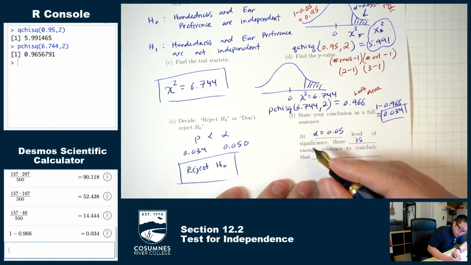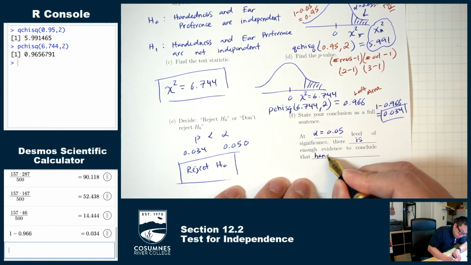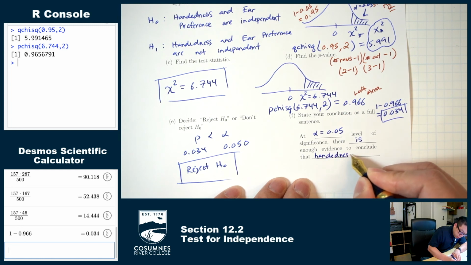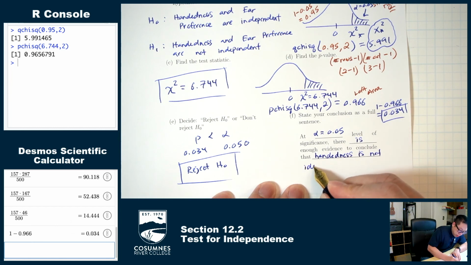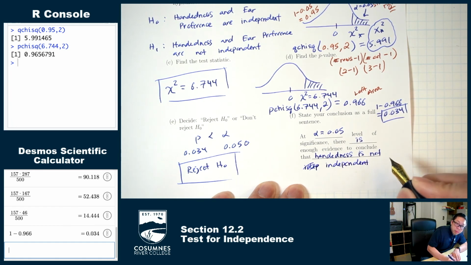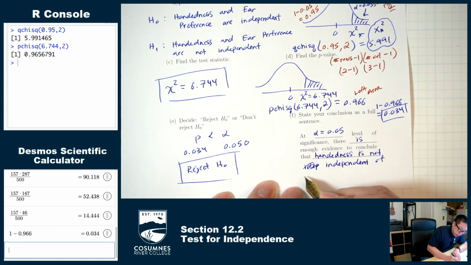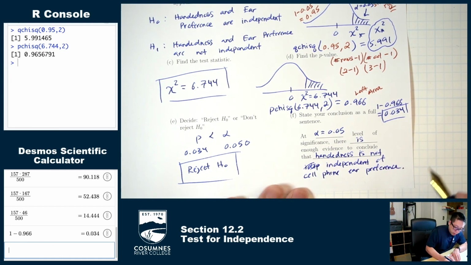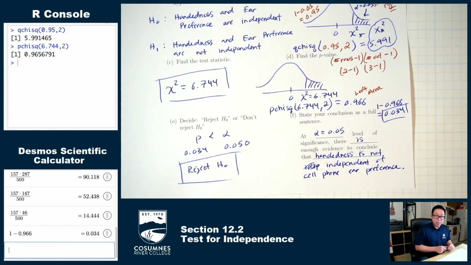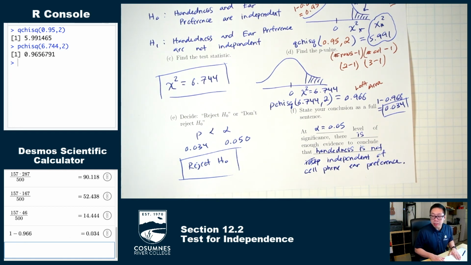So handedness is not independent of cell phone ear preference. In other words, handedness and ear preference are somehow related.